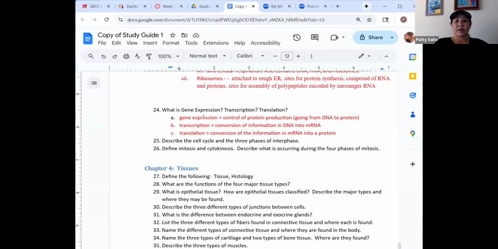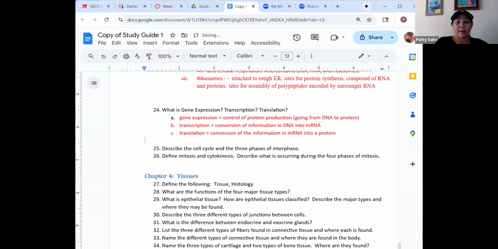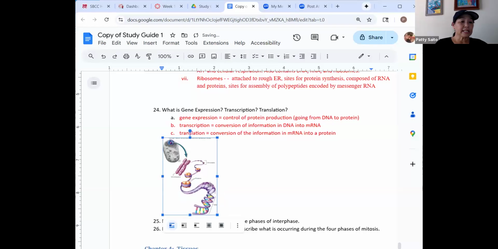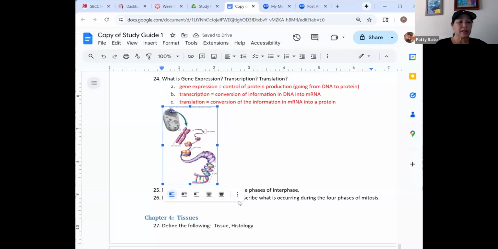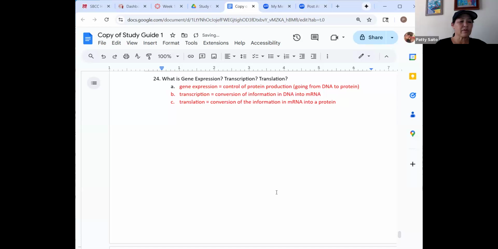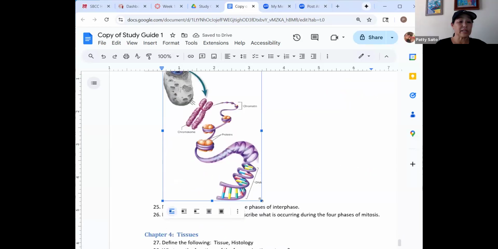Okay. So, let me bring up a picture here. And let's look at the cell nucleus really quickly. All right, in the cell nucleus, we have DNA, and we've gone over a little bit about the structure of DNA, right?